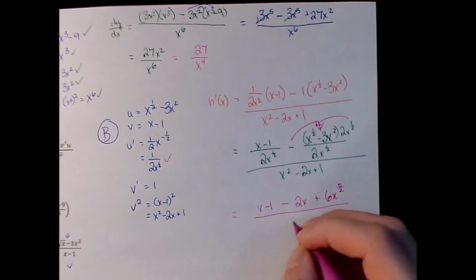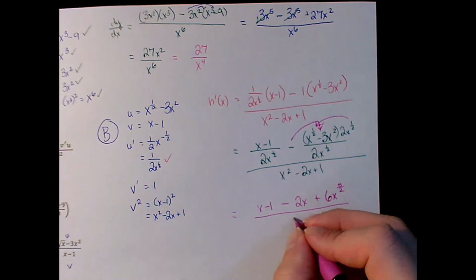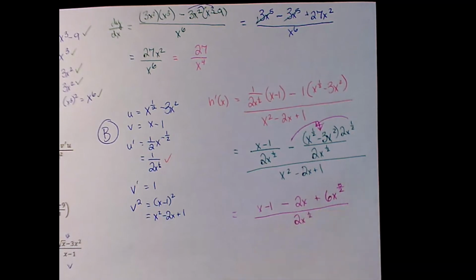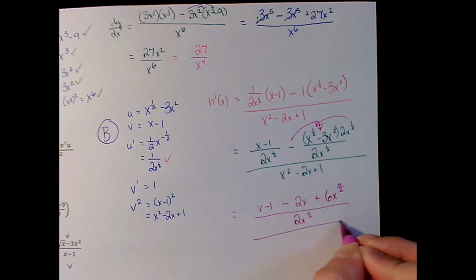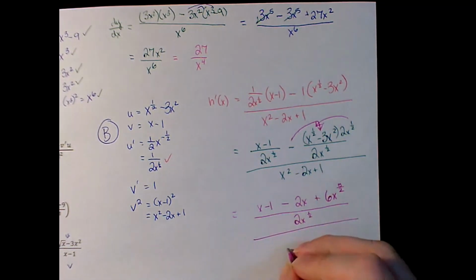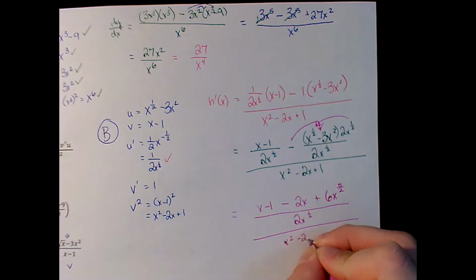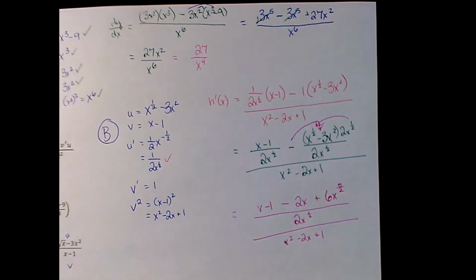That's going to be all over 2x to the 1/2. All over x squared minus 2x plus 1.